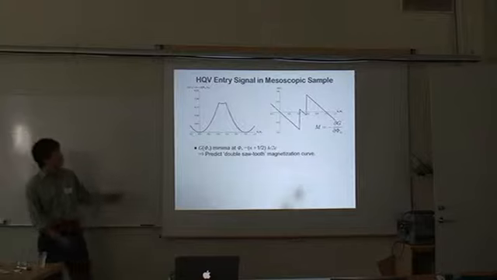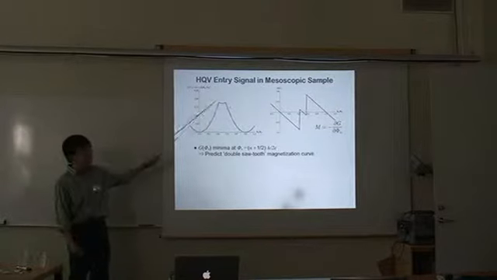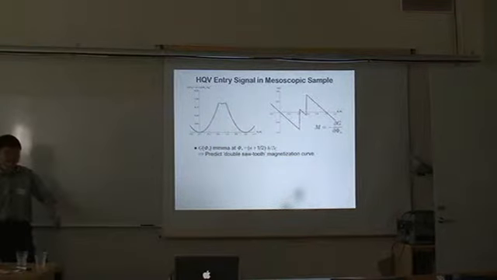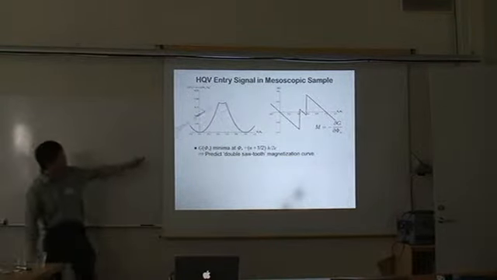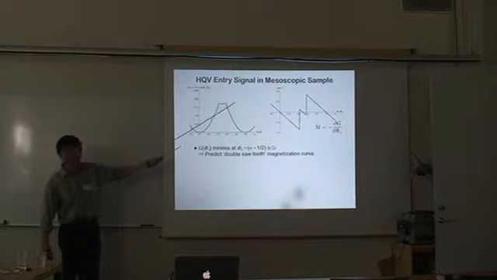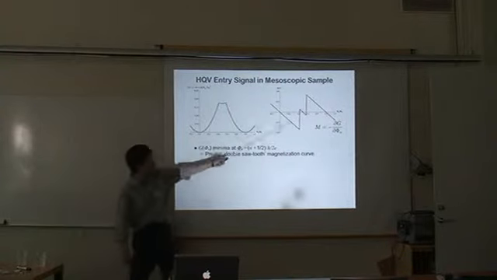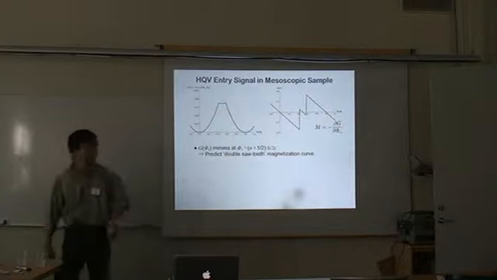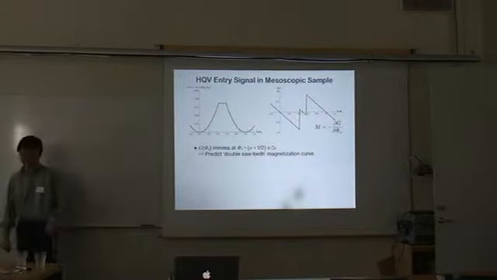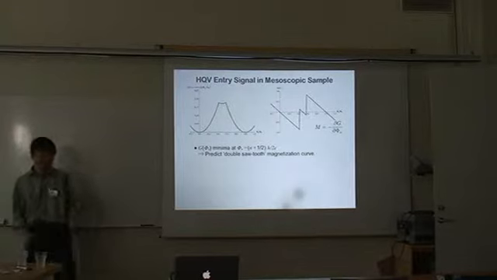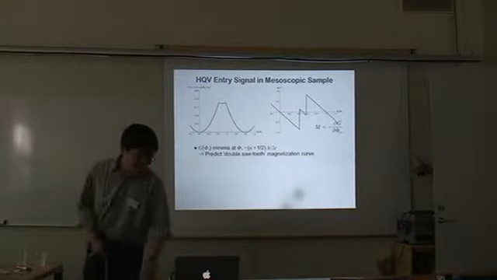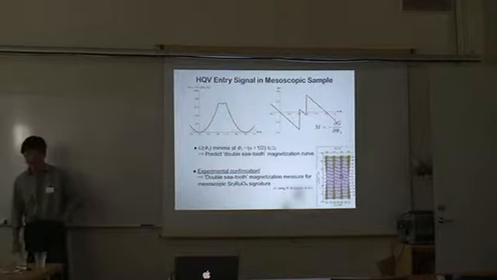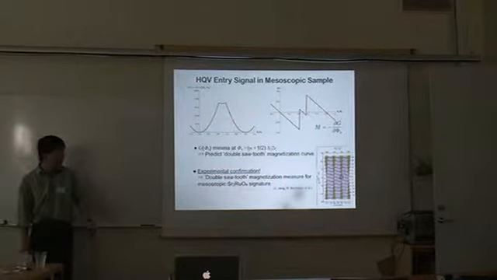So if you don't have this small local minimum, you would just get a regular sawtooth pattern for the magnetization curve. However, if you have this small local minimum that corresponds to a half-integer fluxoid, you are going to have a double sawtooth pattern for your magnetization. And magnetization is certainly something that can be measured in experiment. In fact, this double sawtooth pattern was observed recently in an experiment at Urbana.